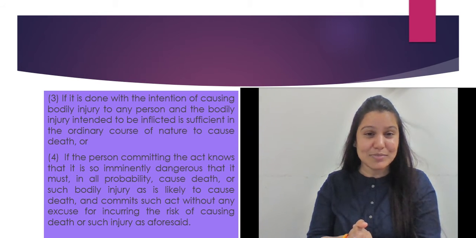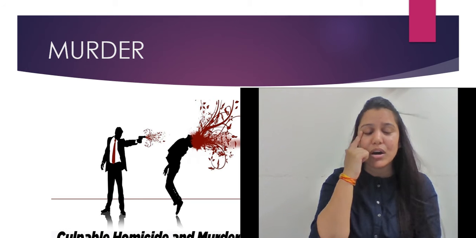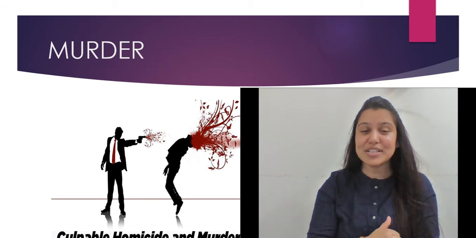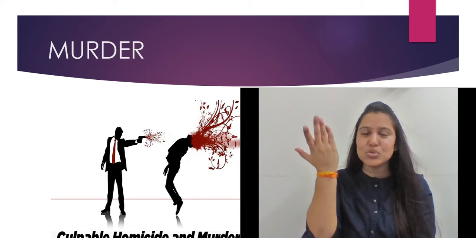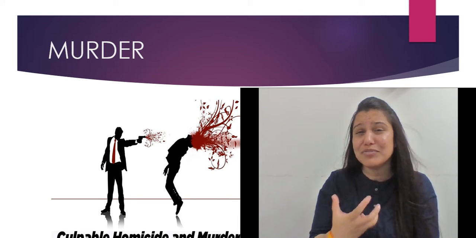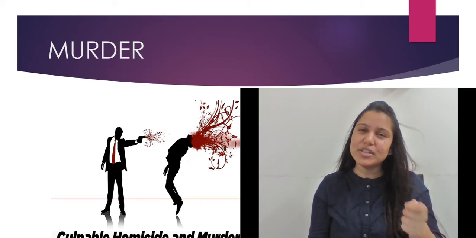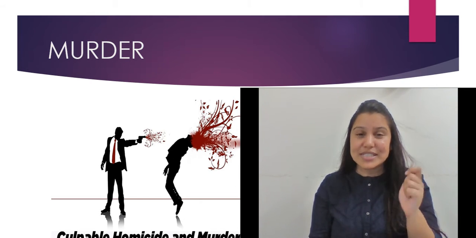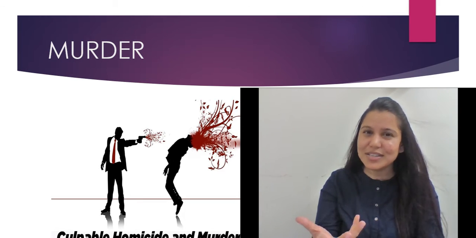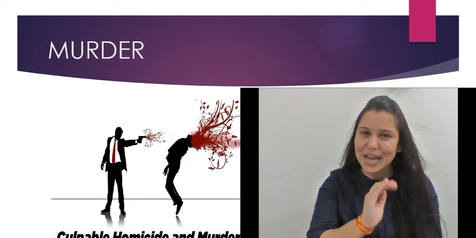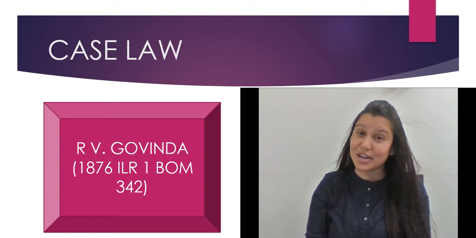As I gave you the example, shooting somebody on the head directly with a gun, you had the intention in directly shooting, it means the person would die, and you had that very intention to kill that person. On the other side, hitting somebody on the head with a wooden stick, there is a difference, right? The forms are different. Of course, both cause death, but there is a difference between culpable homicide and murder. So as I was saying, we will discuss this very interesting case, R versus Govinda.